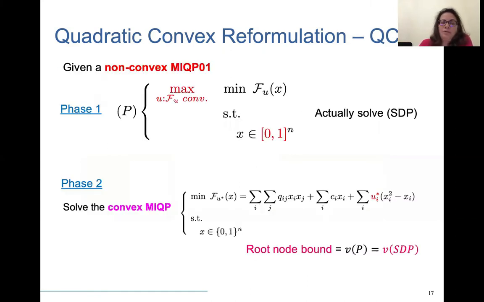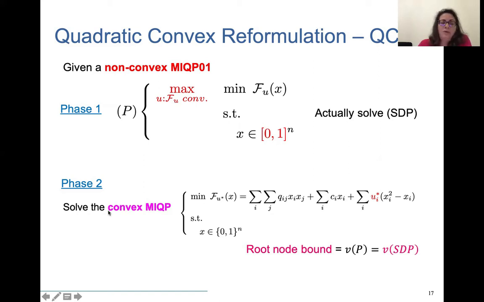So you have a two-phase method where in the first step you solve the SDP, you deduce the best vector U, and from this vector U star you build the new equivalent problem, which is quadratic and convex.